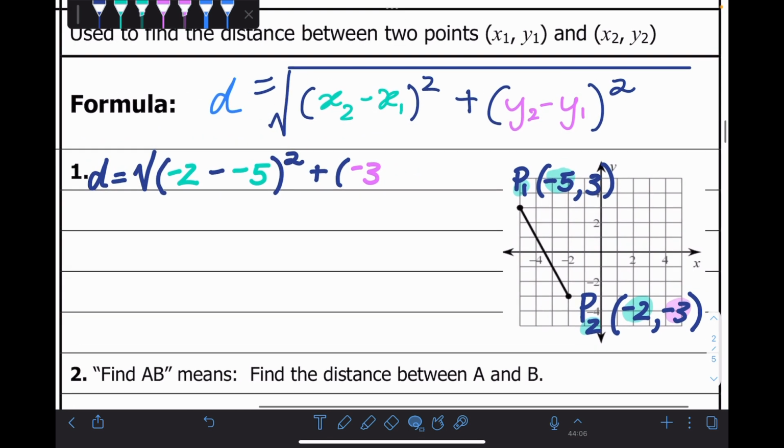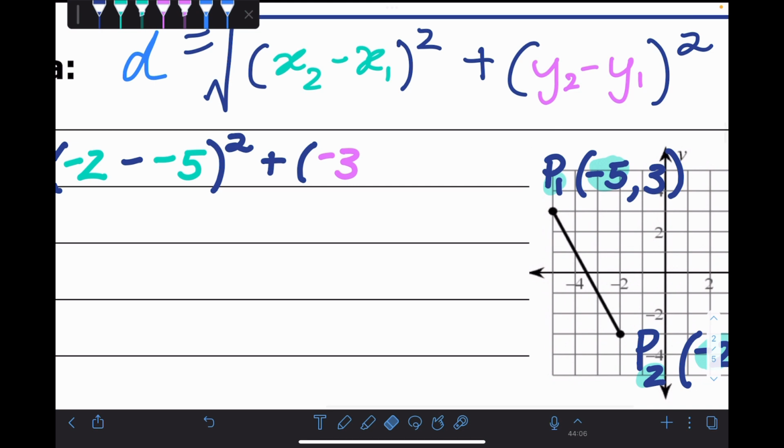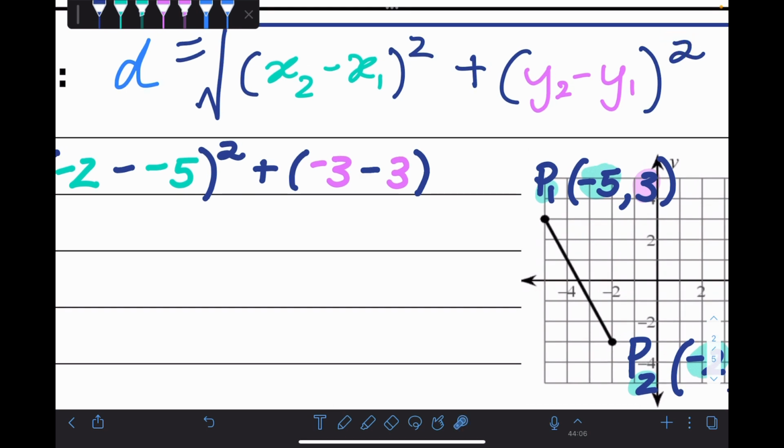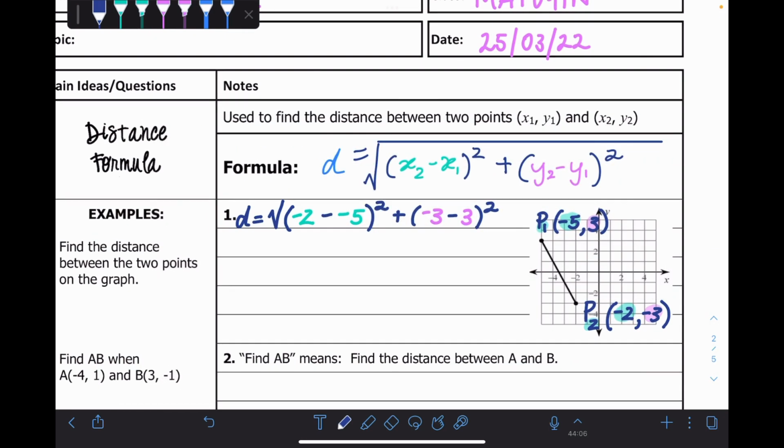Oh gosh, I'm running out of room. There we go. -3, subtract our first y value, so first point, first y value is 3 here, so subtract 3, close brackets, squared, all square rooted, so I can finish drawing this line here.